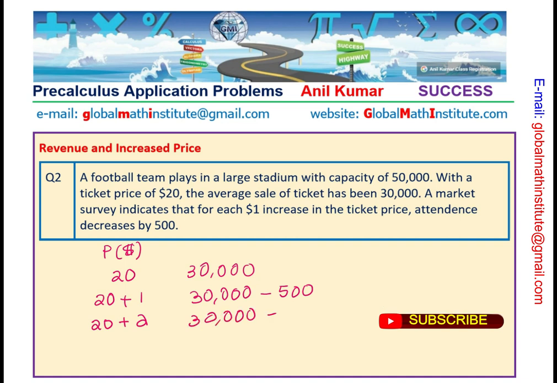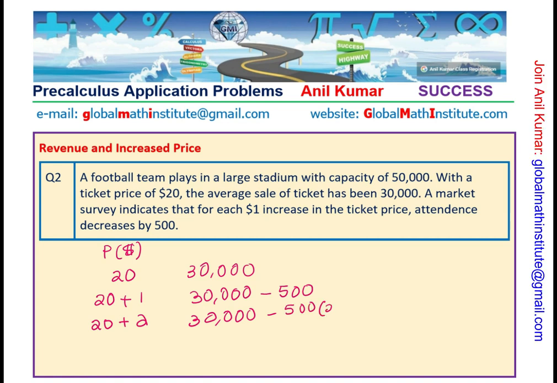It will be 500 times 2. You get the idea. So if I increase it by X dollars, in this fashion, the number of spectators will reduce by 500 times X.